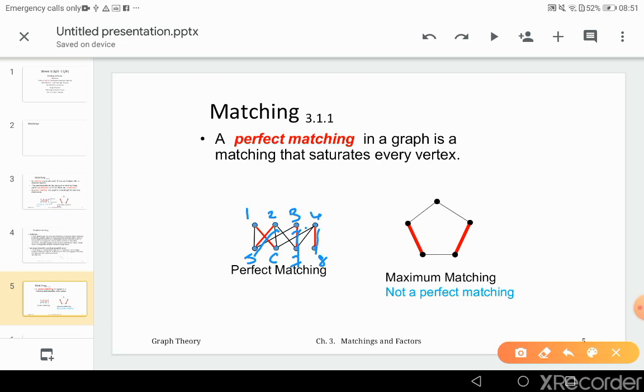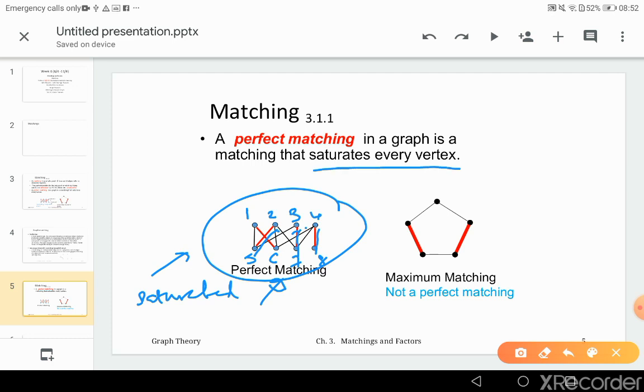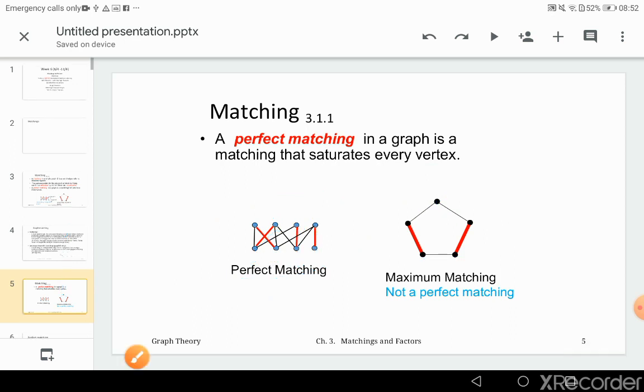Are there any unsaturated vertices? Yes, good, all the vertices are saturated. That means the graph has a perfect matching, because the matching saturates every vertex. For the other graph, this is not a perfect matching because this vertex is not saturated. So I hope you understand saturated, perfect matching and imperfect matching.